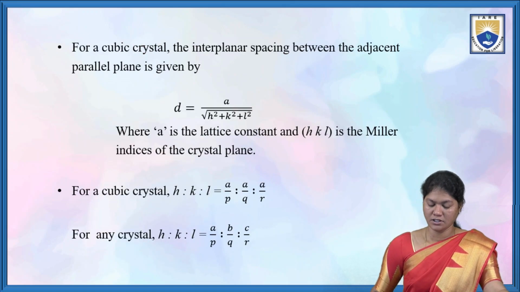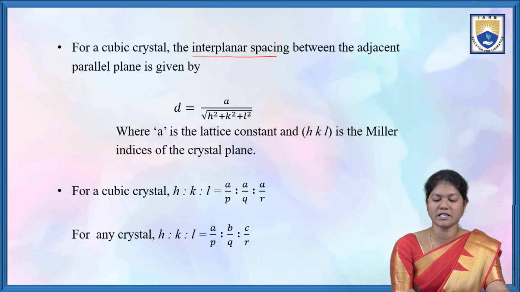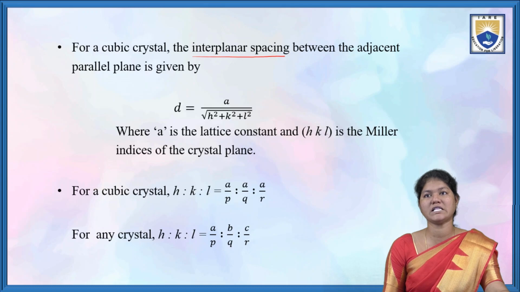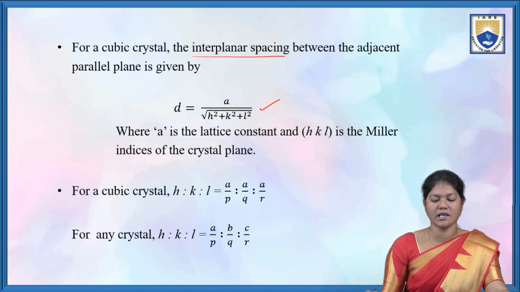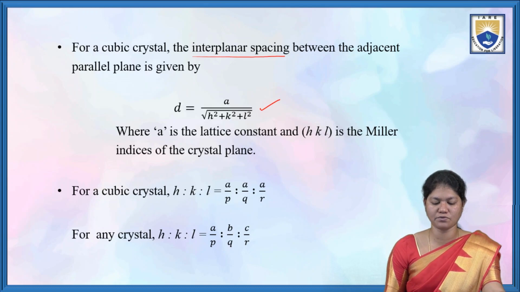And the cubic crystal. For a cubic crystal, the interplanar spacing between adjacent parallel planes is d equals a by root of h square plus k square plus l square.